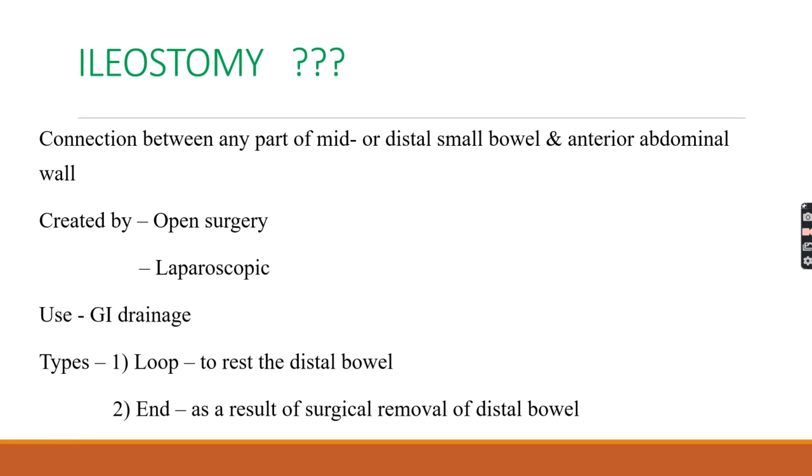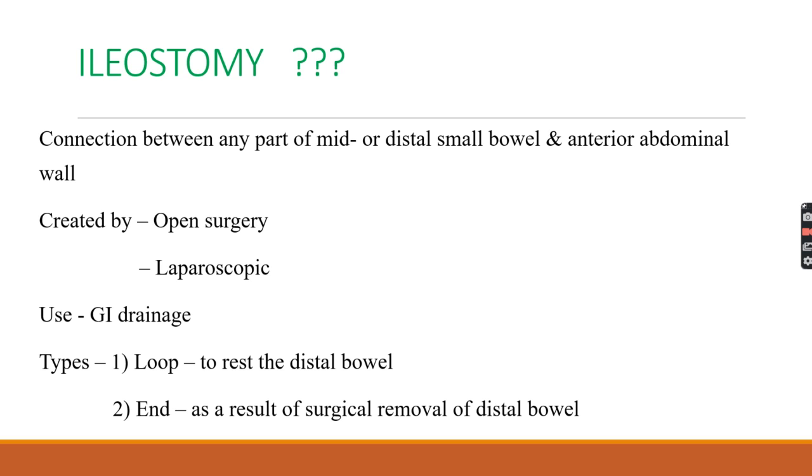The ileostomy is most commonly performed among all these types, and there is a connection between any part of the mid or distal small bowel, mid or distal ileum, and the anterior abdominal wall. In all these things, the one common thing is the anterior abdominal wall, right?